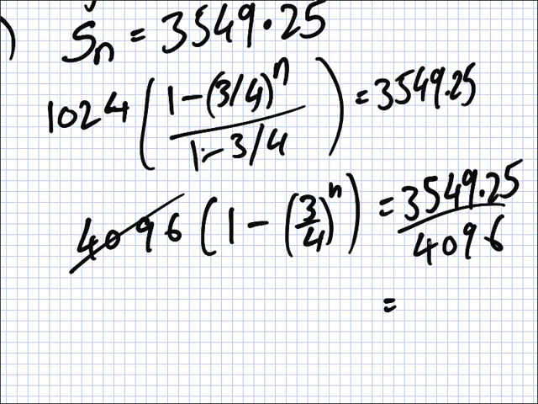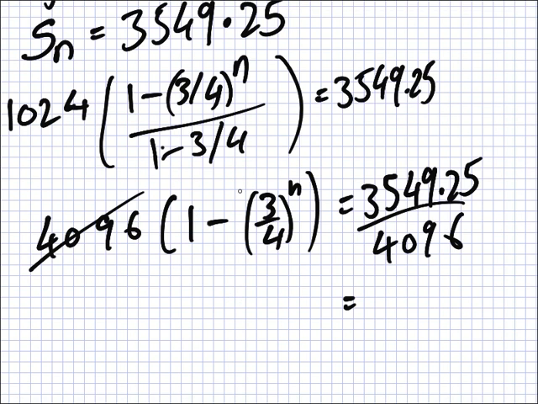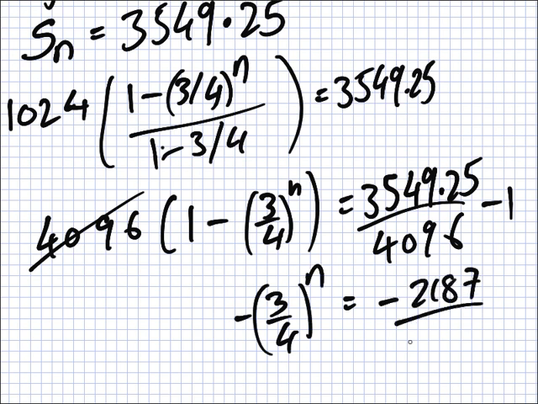Yes, okay. So if we take the one to the right, we put a minus 1 here. So you get minus 3/4 to the power n equals minus 2187 over 16384. Okay, good.